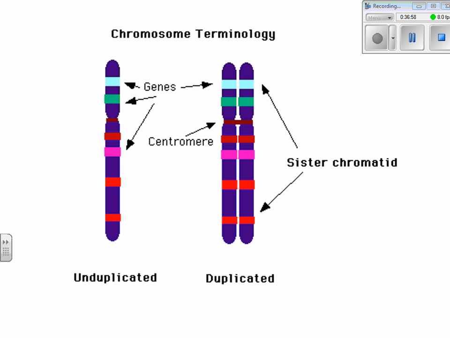What we've got here is a very straightforward illustration of some of the parts. When the cell starts to get ready to divide, you would start to see chromosomes, but actually you will usually see them already duplicated. It's not until they finish dividing that you then start to see the single chromosomes again.